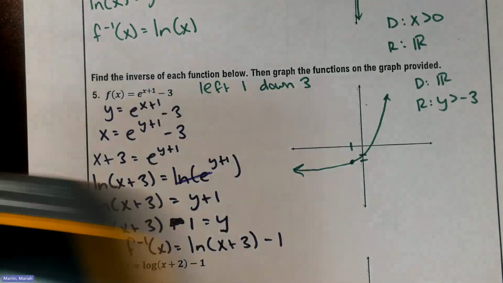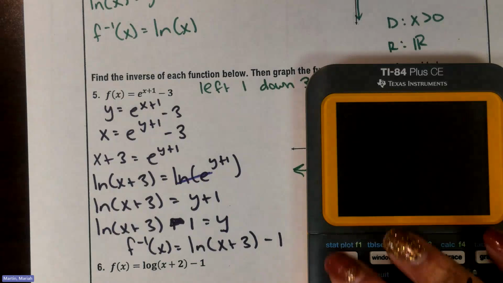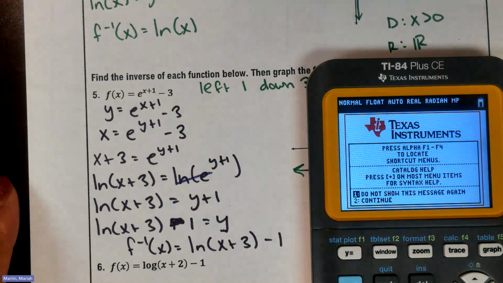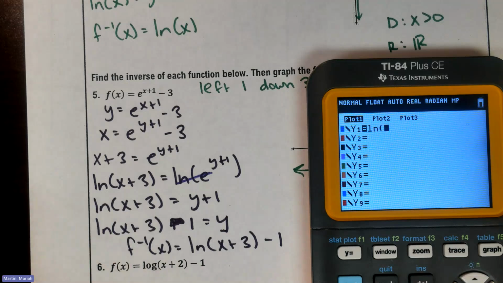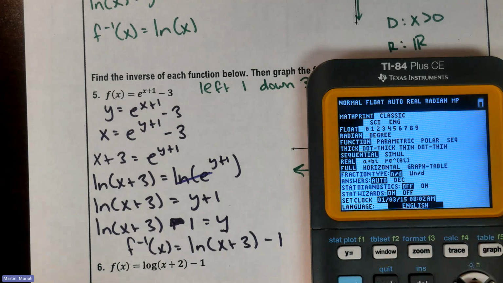Okay, so now I'm going to graph this one. Okay, so natural log x plus 3 minus 1. Well, I grabbed a different calculator, so I don't have it on graph mode.